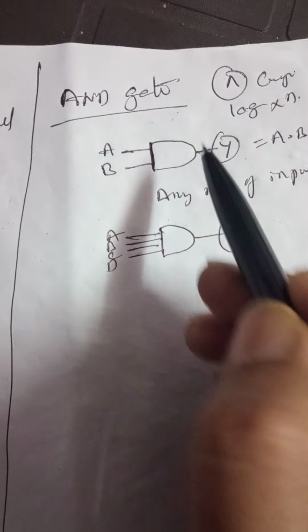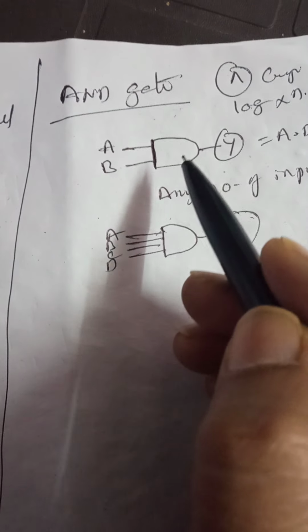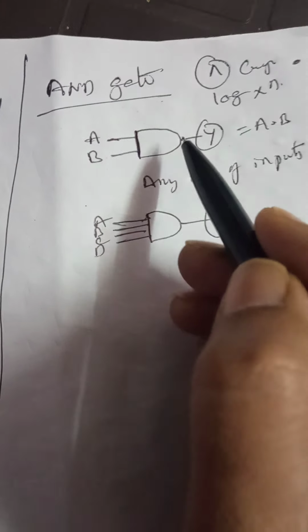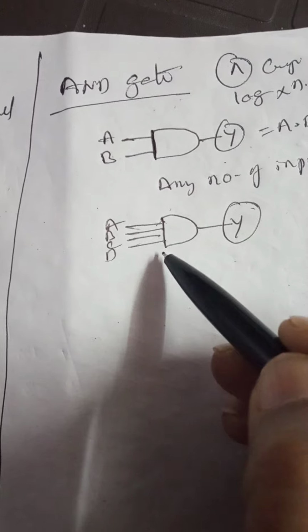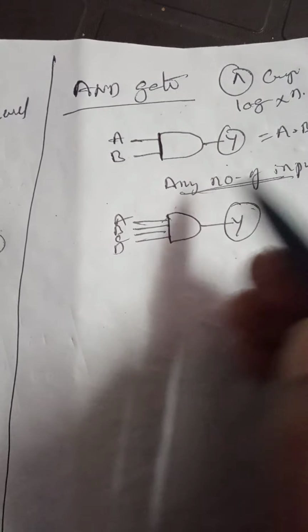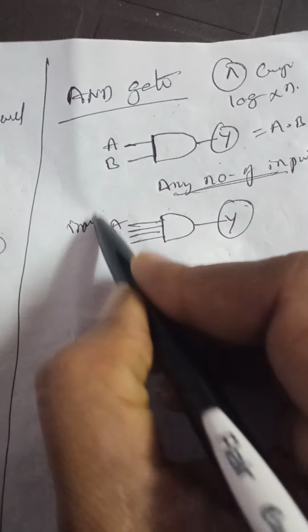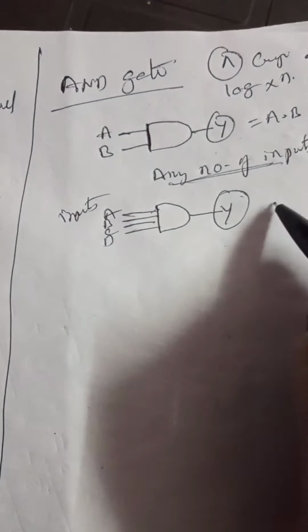So like this, any number of inputs A, B, C, D, output is only one, right? This is called AND gate. AND gate is represented by this symbol or this notation or this diagram. It can have any number of inputs. This side is called inputs, this side is called output, right?